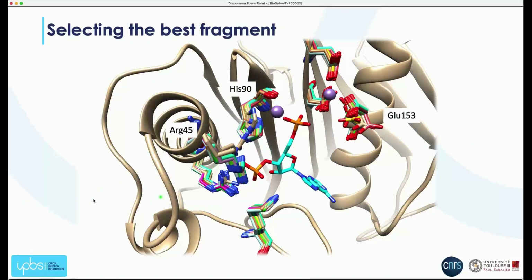So we are working along this line, and we would be really happy to test all the nice tools that Marcus showed yesterday in order to improve our fragments and to be able to obtain compounds, hopefully with inhibiting activity.